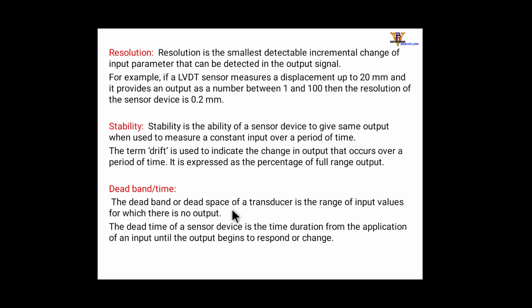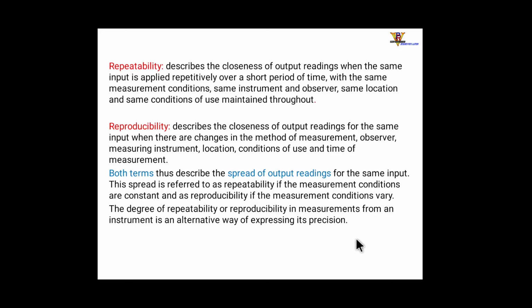Suppose we want to measure displacement up to 20 mm, and our LVDT will not respond up to 5 mm. So that dead band is up to 5 mm. Or we can say that the dead time of a sensor device is the time duration from the application of an input until the output begins to respond or change.